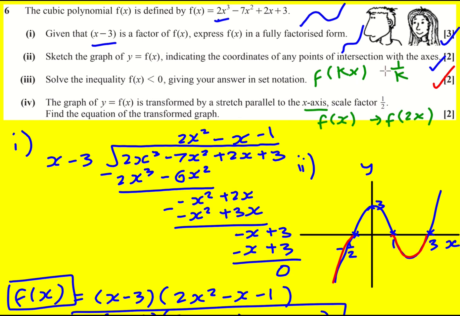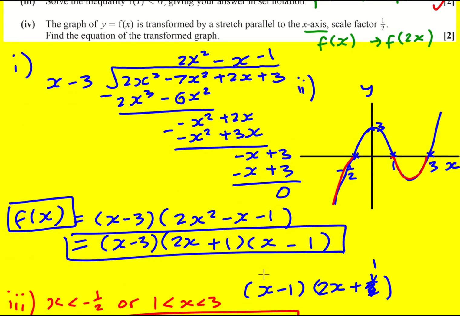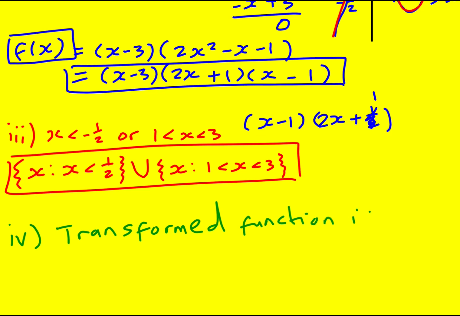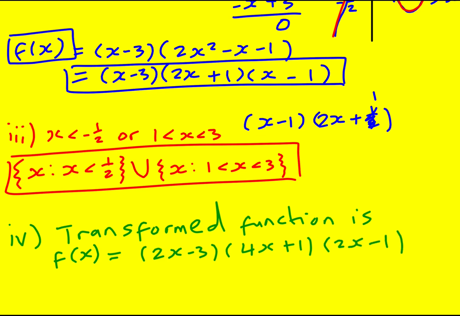So all I've got to do is write down my equation with all my x's replaced by 2x. So I wonder if I can just take the factorized form and write that. So the transformed function is going to be 2x minus 3, and then 4x plus 1, and 2x minus 1.